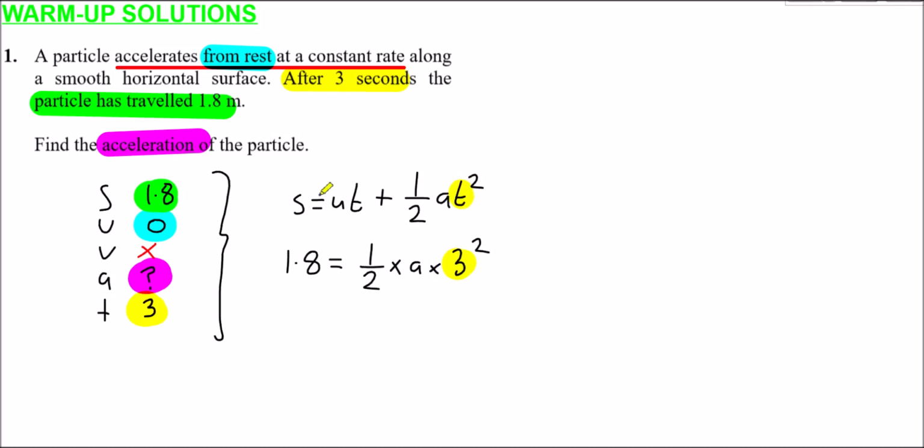So s is 1.8. What we could do here is multiply both sides by 2 to get rid of this half. So 3.6 equals a times 3 times 3. 3 squared is 9, so 3.6 equals 9a. If we divide both sides by 9, therefore, we see that a must equal 0.4 meters per second squared.